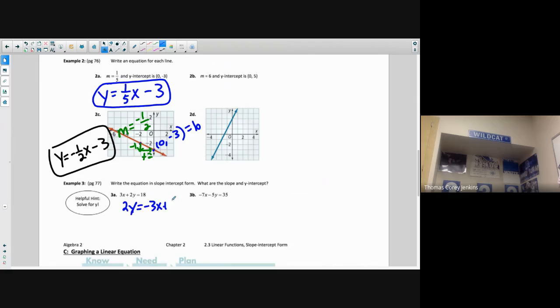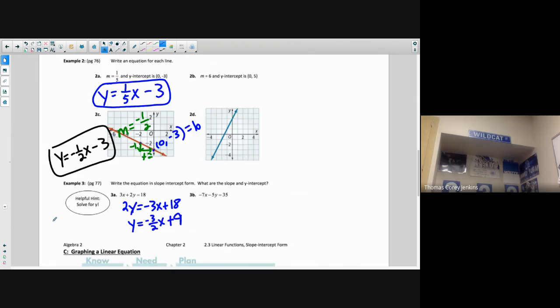I always just remember if I move a term from one side to the other, it's the opposite sign on the other side. So don't forget that. And then divide everything by 2 is going to give me y equals -3/2 x, and then plus 18/2, which simplifies to +9. Okay, at this point, I can easily identify that the slope is -3/2 and that the y-intercept is 0,9.